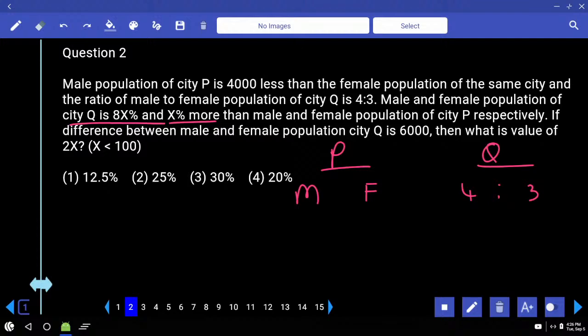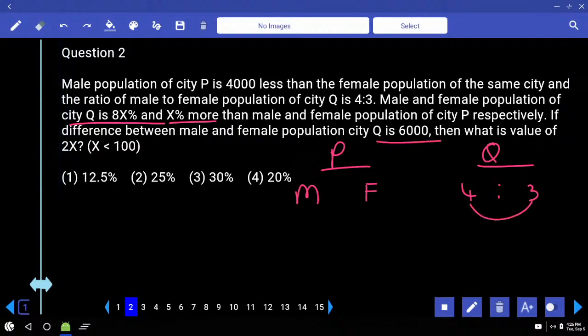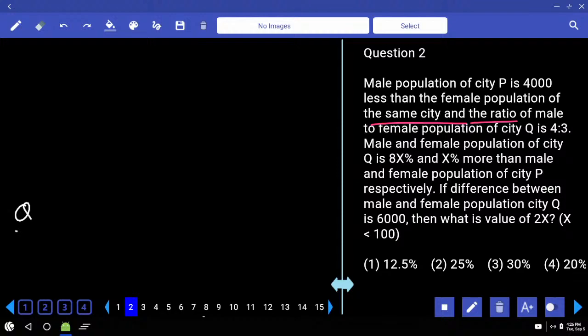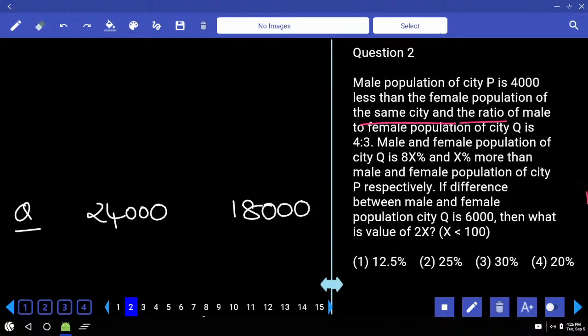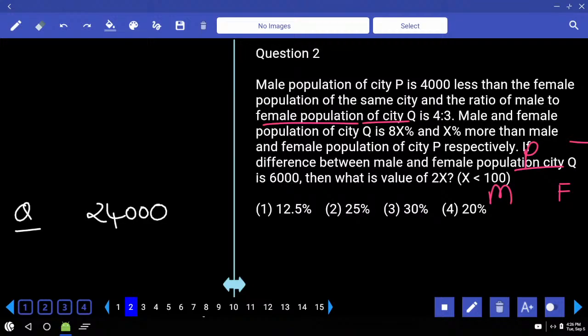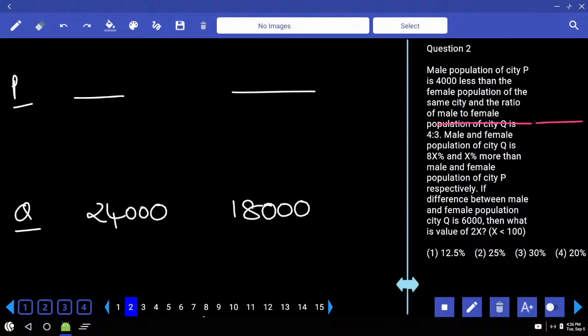If difference between male and female population of Q is 6,000, one part is 6,000, therefore male population of Q will be 24,000 and female 18,000, isn't it? So here this is about P. We don't know the values of male and female, but the difference is 4,000. It is clearly given. It is less, isn't it?